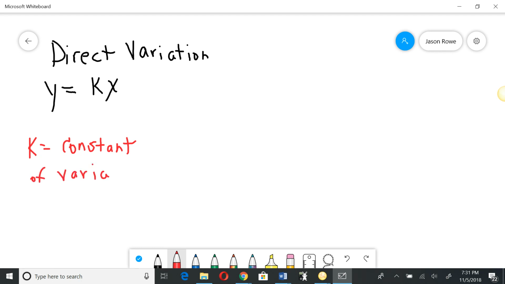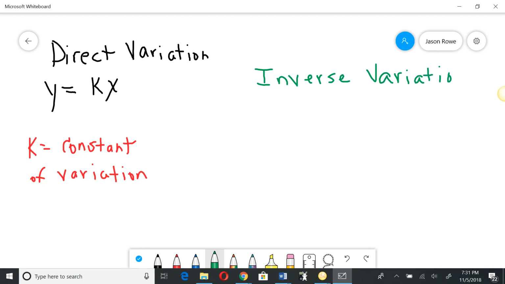So that's how it's going to vary. And then we have inverse variation. So when something varies inversely, this is the equation you should think of. You see the difference in the two?